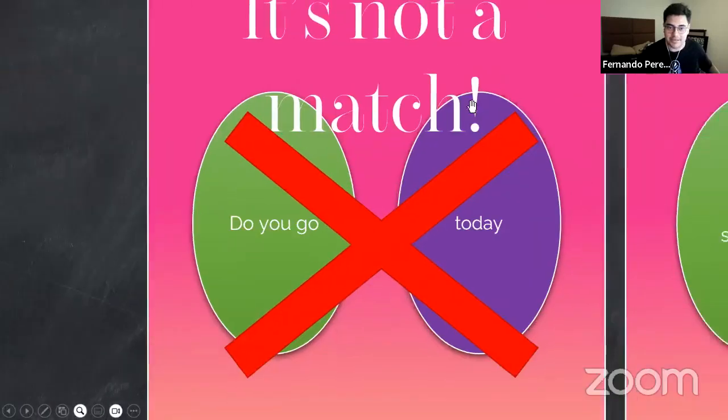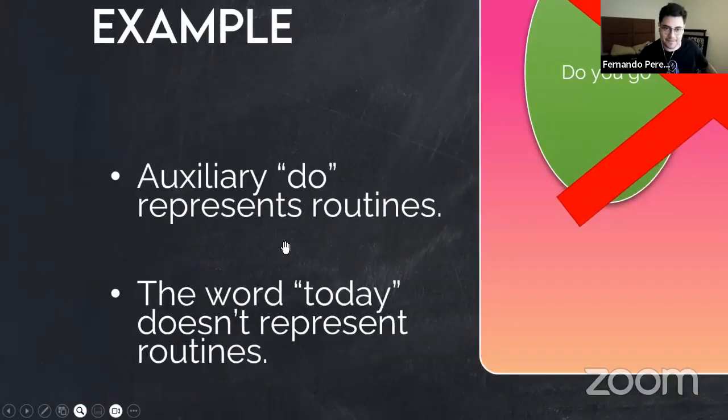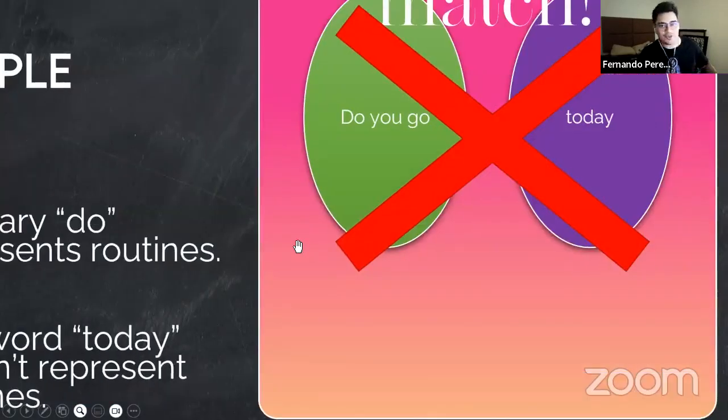It's not a match. Why not? The auxiliary do represents routines, and the word today doesn't represent routines. So it's incorrect to say, "Do you go today?"